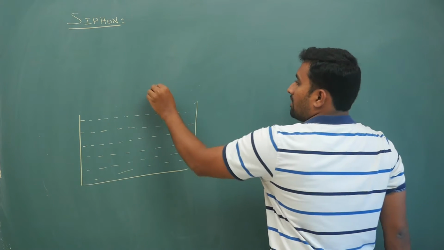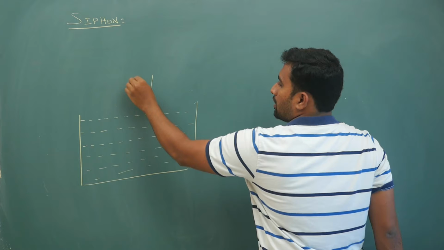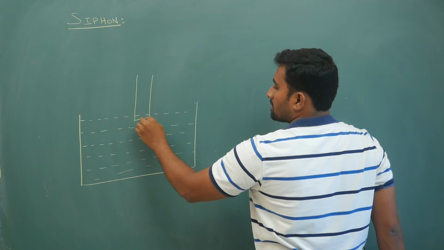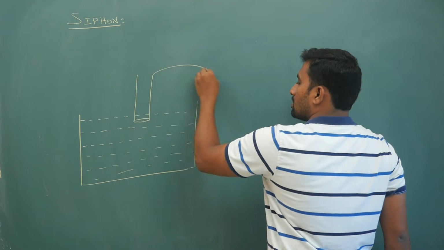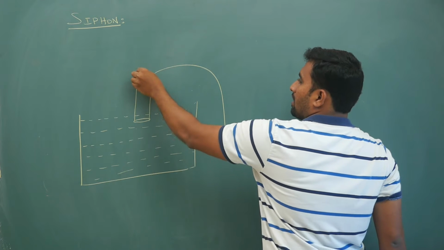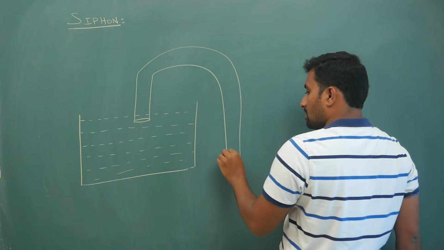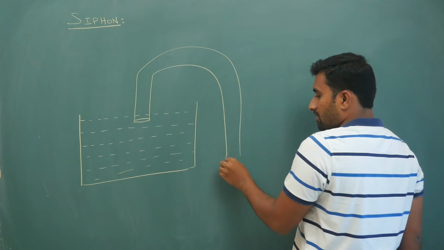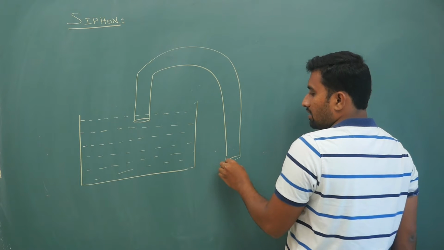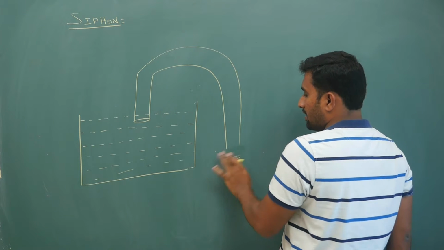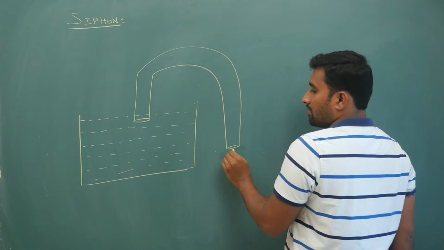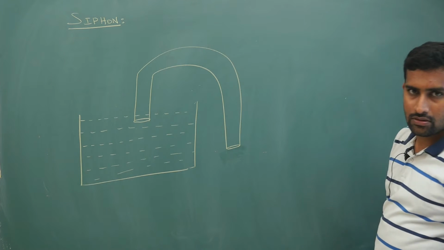Now if you insert a U-shaped tube like this, such that the U-shaped tube has a uniform area of cross section and it is at a lesser height, it is not even like this, it is like this.